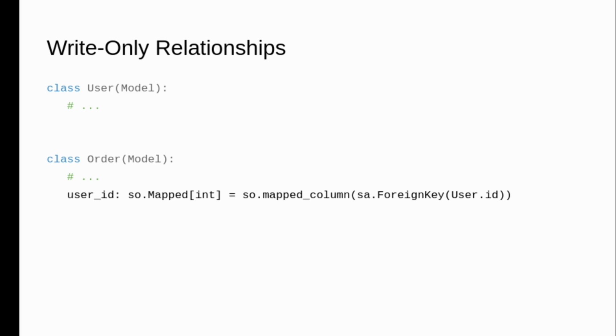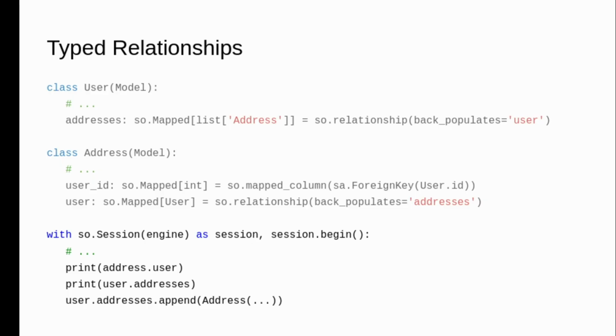There's one other type of relationship that's new in 2.0. That's called write-only relationship. Here, there's a problem with some relationships. Going back to the example with user and addresses, a user would probably have, I don't know, 1 or 2 or 3 addresses, no more than that. So it's fine to have a list of them.